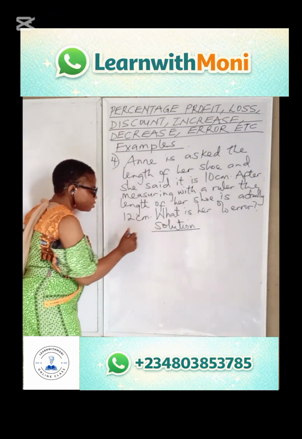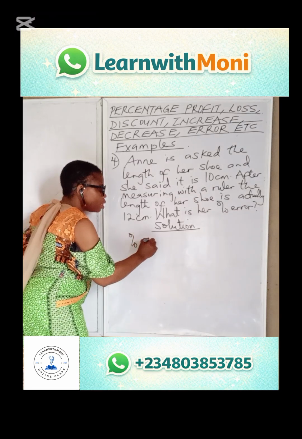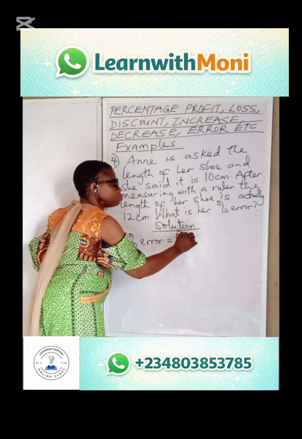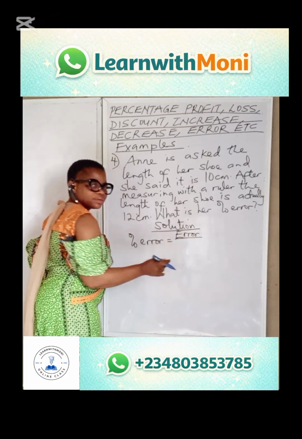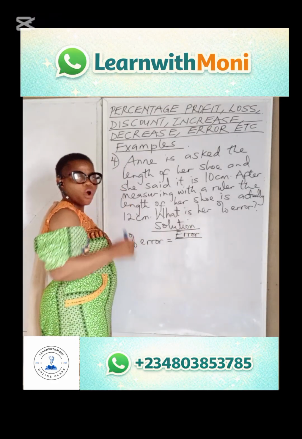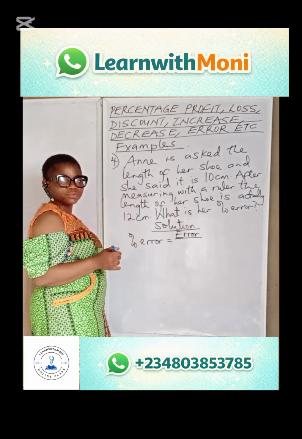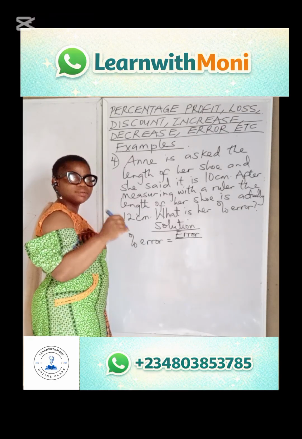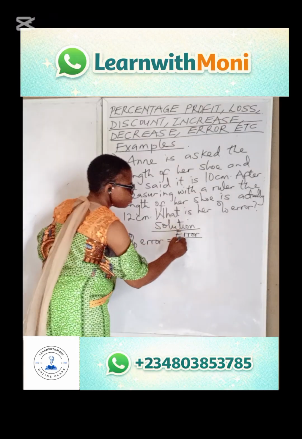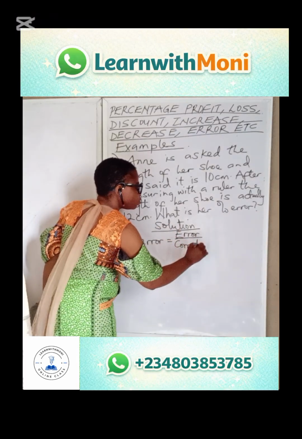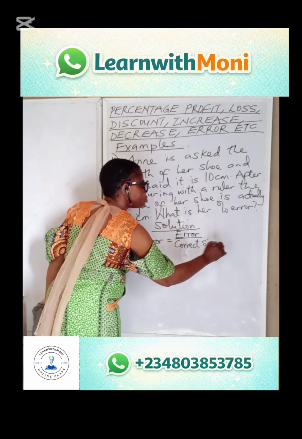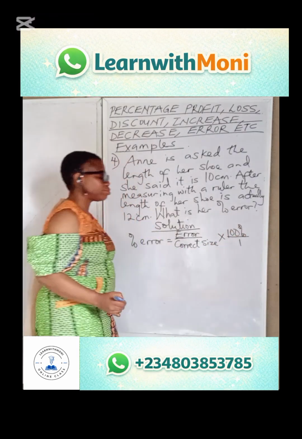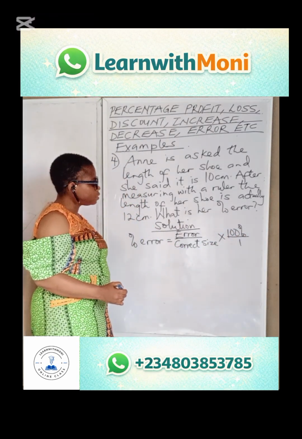And that is the same thing that is going to happen to percentage error. Percentage error is going to be the actual error over the correct amount, the correct or the actual amount or size. Let me write it as correct size times 100% over 1.